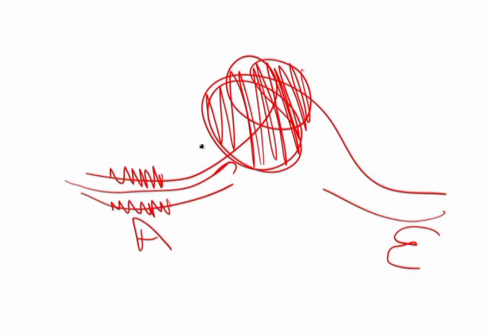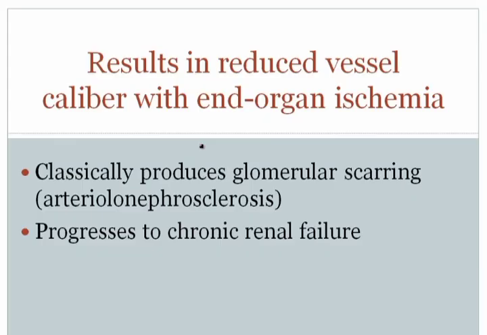And in fact, this is the reason why patients with diabetes and patients with high blood pressure get chronic renal failure, because over time they develop this glomerular scarring due to the hyaline arteriolosclerosis. And that's what I've stated here in your text, where I say that it classically produces glomerular scarring. Now, when it produces glomerular scarring, we call that arteriolonephrosclerosis.